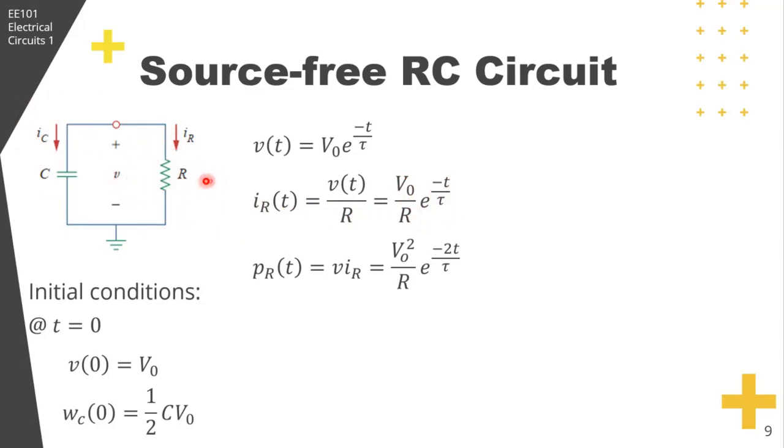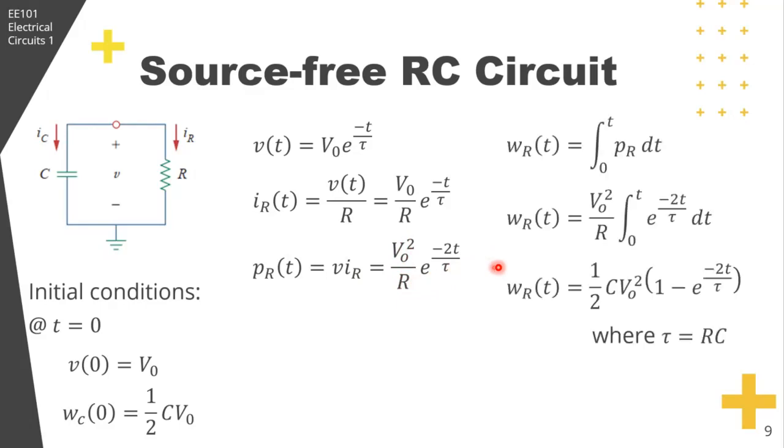Now, pila man ang power? It's VI, or I squared R. So substitute lang ta. So that would be V sub 0 squared over R, e to the negative 2t over tau. Then ang energy, kato nga isulti ganina, di ba, at initial condition time equal to 0, ang initial nga energy nga naa sa capacitor, it's 1/2 C V sub 0 squared.